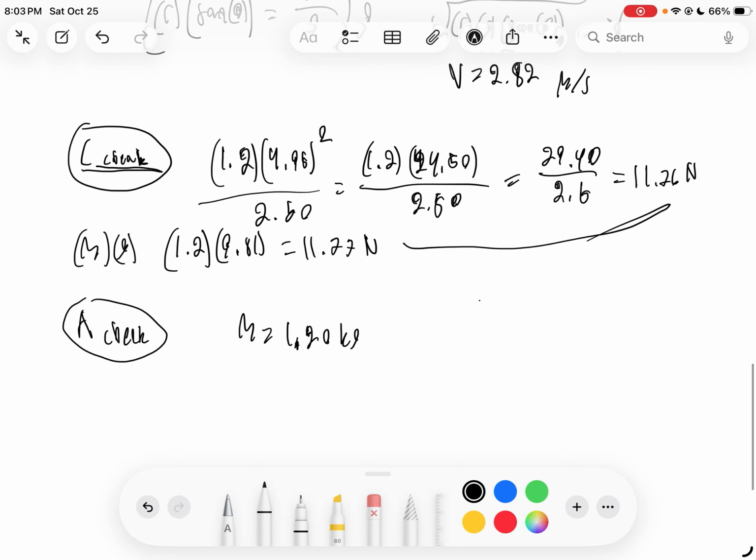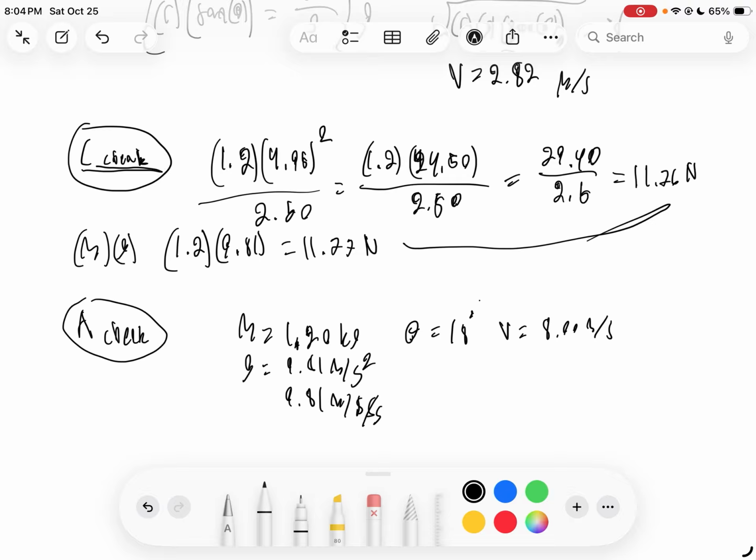We know theta equals 18 degrees. The velocity the airplane was traveling at was 8 meters per second. Gravity was established to be 9.81 meters per second squared, whatever is easier for you to understand.